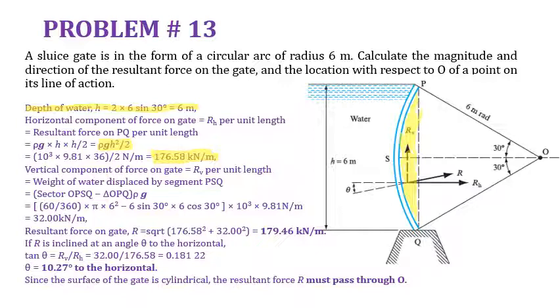So for the weight of the liquid, we are going to calculate the area supported by this complete sector POQ, and subtract the area taken by this triangle OPQ, and eventually we will have this area covered by this arc for this portion.